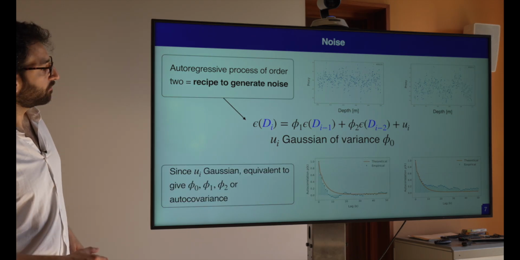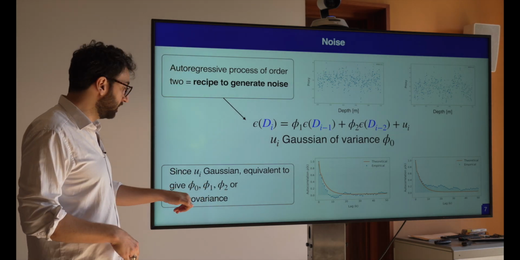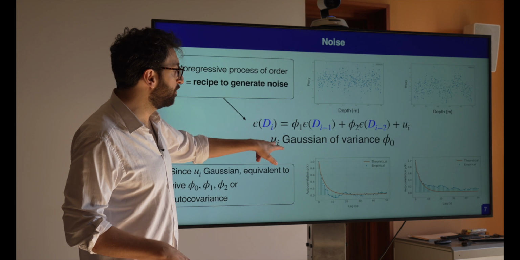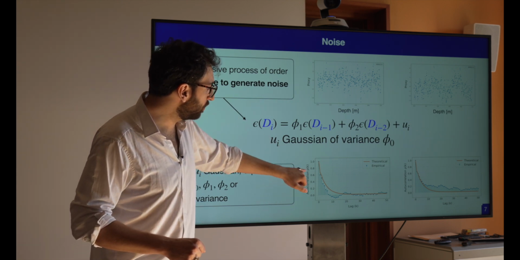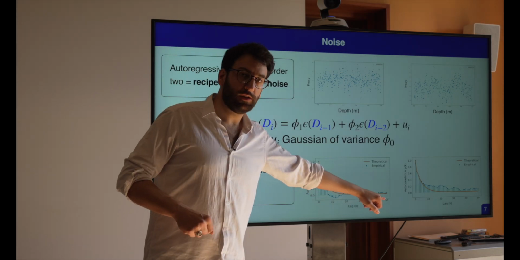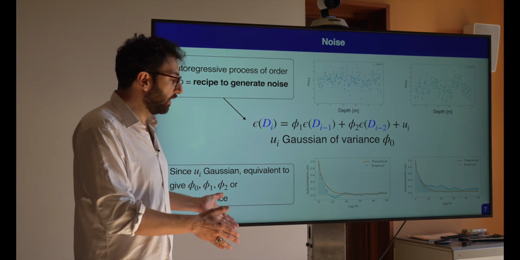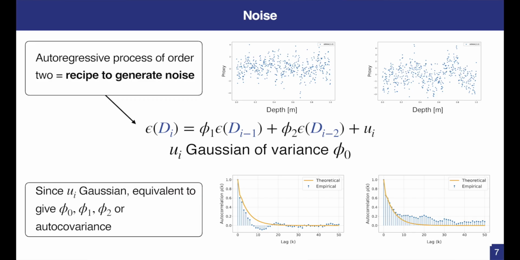And we've seen that to characterize this noise, we can use phi 0, phi 1, or phi 2. Or since the so-called innovation U is Gaussian, we can also define it completely by the autocorrelation of the process. So it is equivalent to give the yellow curve or to give these parameters. Or another way to say it is that this yellow curve is completely determined by these 3 parameters.